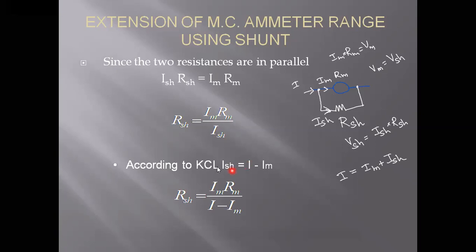Now, we know ISH. So, from the formula that we got here, RSH is equals to IMRM by ISH. In this ISH, I am going to replace it by I minus IM. So, I'll be coming up to the equation saying RSH is equals to IMRM by, instead of ISH, I am writing I minus IM.